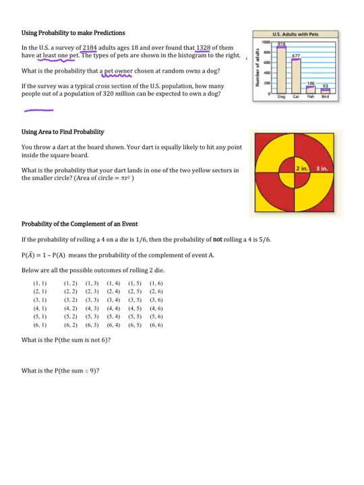So total favorable would be 1328, and we want to know what portion of those own a dog. That will be 916. So that's the probability of a pet owner owns a dog. And then if we reduce that, it doesn't reduce very far, but it would be 229 over 352. That would be our probability of a pet owner owning a dog.